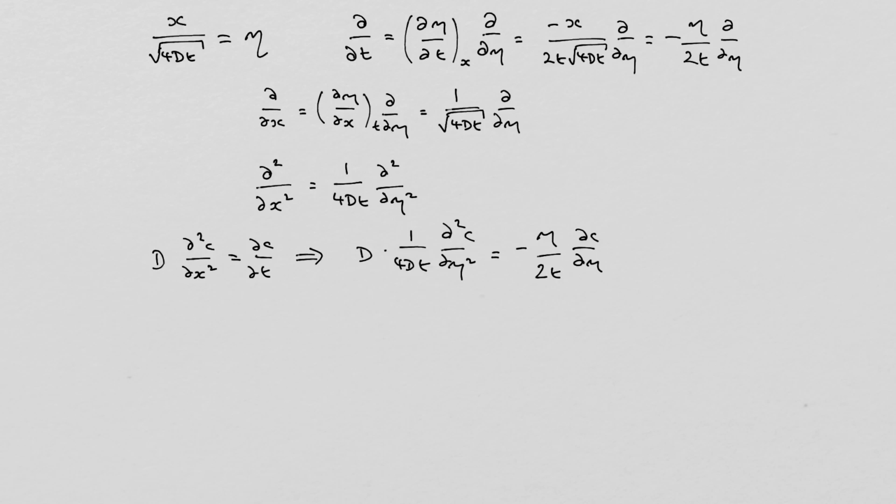Or minus 2 eta, and I'm going to anticipate the fact that the partial derivative with respect to eta is actually a total derivative, because everything else has disappeared. All the t's and all the x's have gone, and all I'm left with is eta as a single variable. So I have an ordinary differential equation like that.